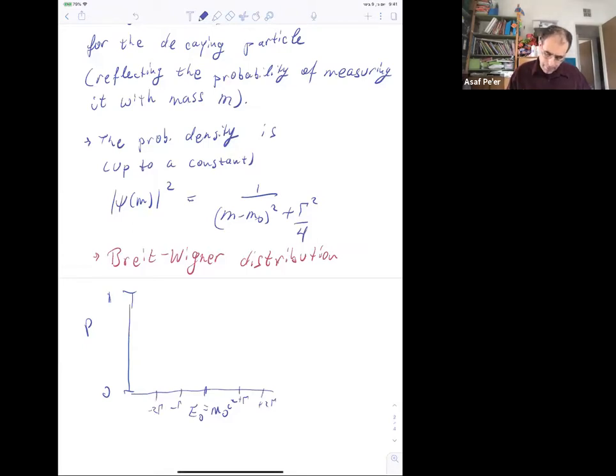It will look something like that, where exactly half the width is gamma. Or you can use your favorite plotting software to plot it.